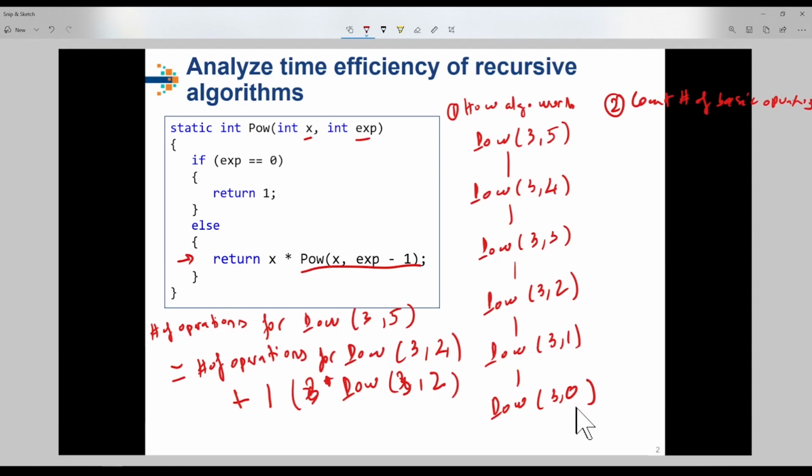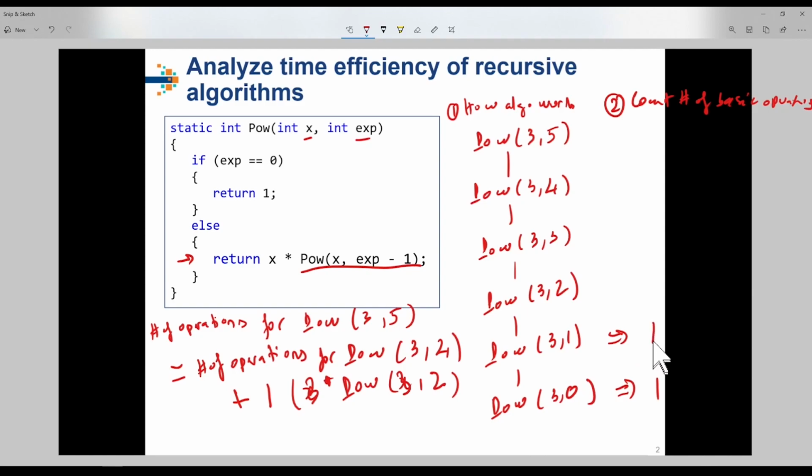And because of that, we have this here. So how many basic operations for 3, 0? Exponential 0, then return 1. One operation only. This is return 1.